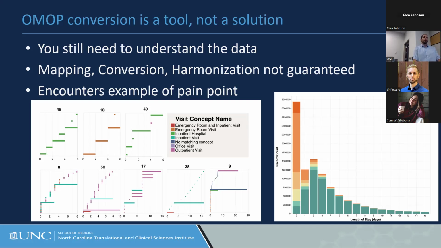Sometimes that is because people have made different decisions or interpretations, either in their underlying data or in their OMOP conversion, that are reasonable and rational. And that is simply an area of difference that needs to be worked out in terms of OMOP governance or harmonization. But sometimes people make really bad decisions.